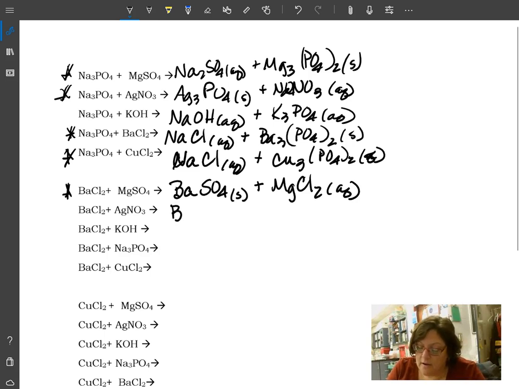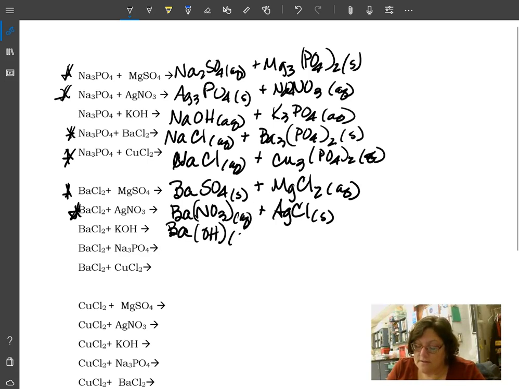Barium chloride and silver nitrate: barium will form with the nitrate, that'll be aqueous. Silver chloride will precipitate. Barium chloride and potassium hydroxide: barium will form with hydroxide. This is the exception to the rule on hydroxides, so it will not precipitate, and potassium chloride will not precipitate.